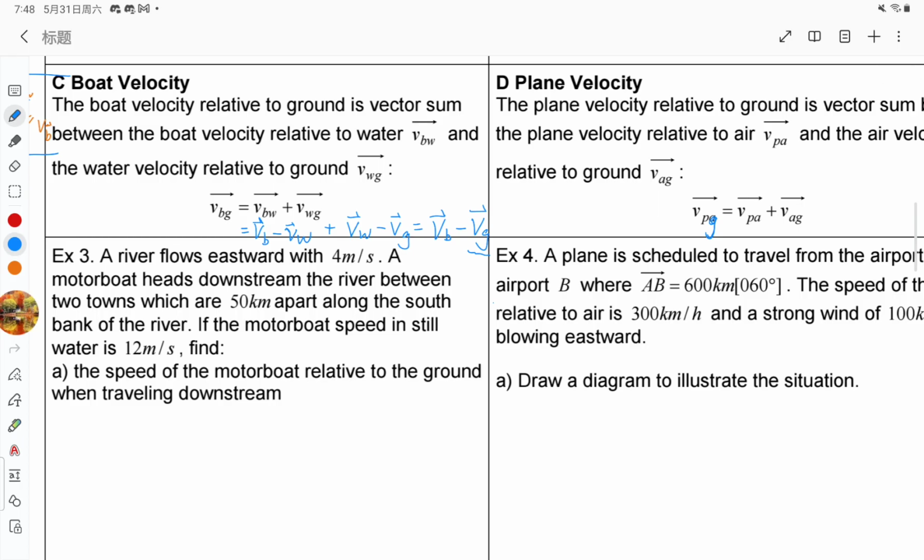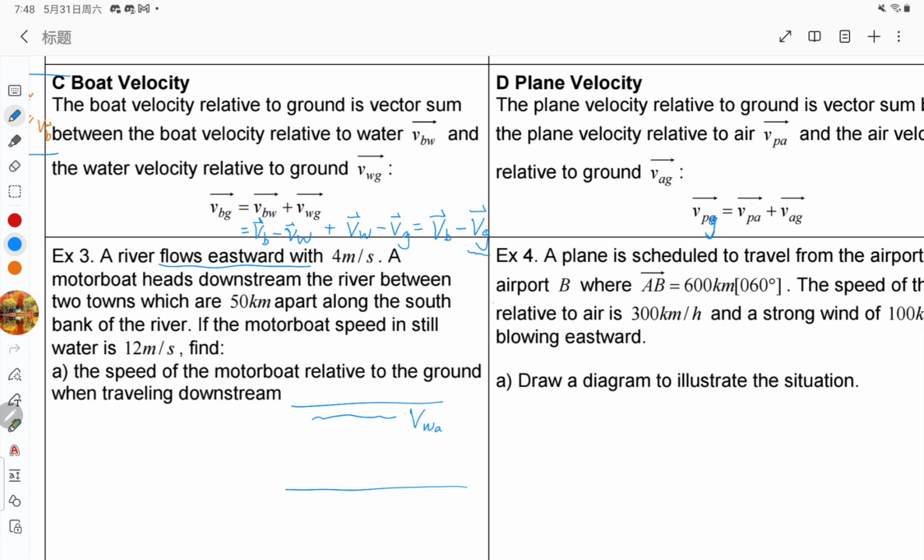Boat and plane. So let's say a river flows eastward. For this application problem, it is always useful to draw some pictures to illustrate the process, right? So it flows east.